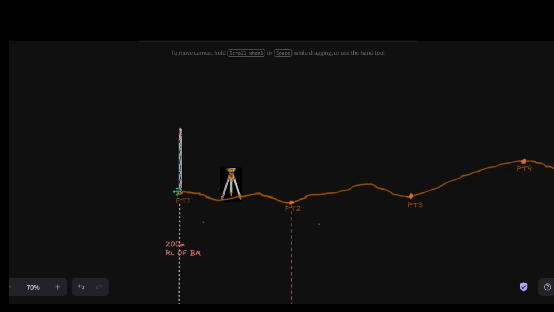Now this one is the height of this point 1 to where this instrument is just sighting. All right, so you can see the height of point 1 to where this instrument is sighting. Now this also is the height of point 1 to the sea level. The height of point 1 to sea level is this reduced level.